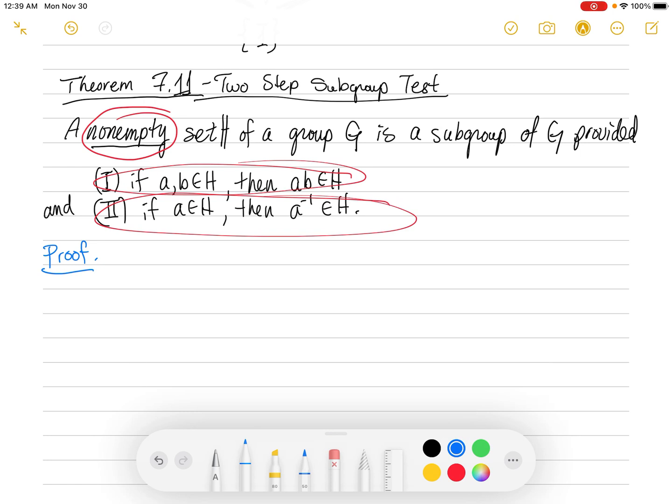So we're going to prove that this implies that H is a subgroup of G. So suppose H is a non-empty subset of G that satisfies properties 1 and 2.